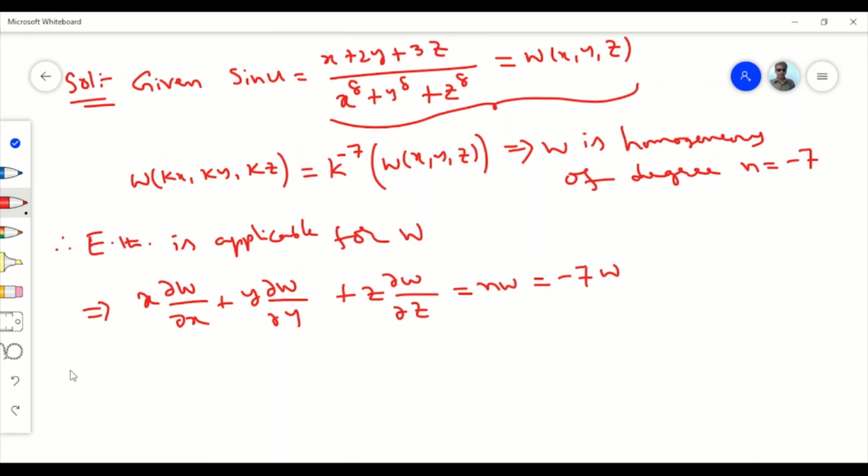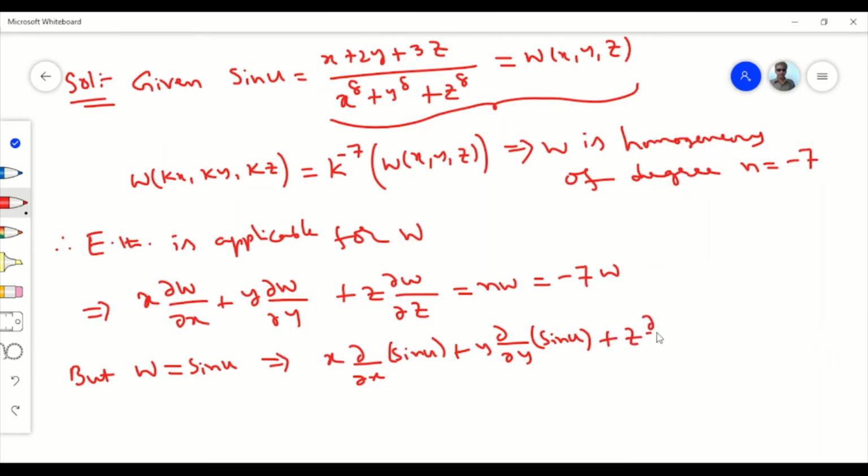Now take the second part: sin u equal to w. So replace w by sin u: x dou by dou x of sin u plus y dou by dou y of sin u plus z dou by dou z of sin u equal to minus 7 sin u.